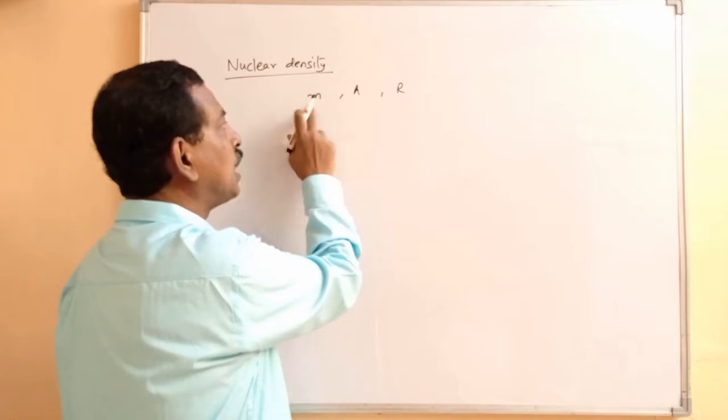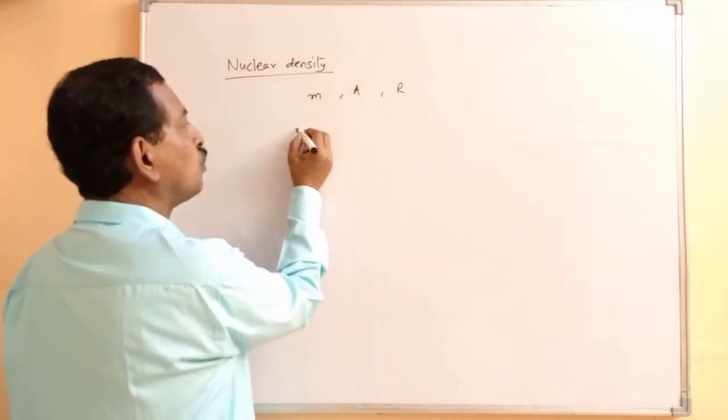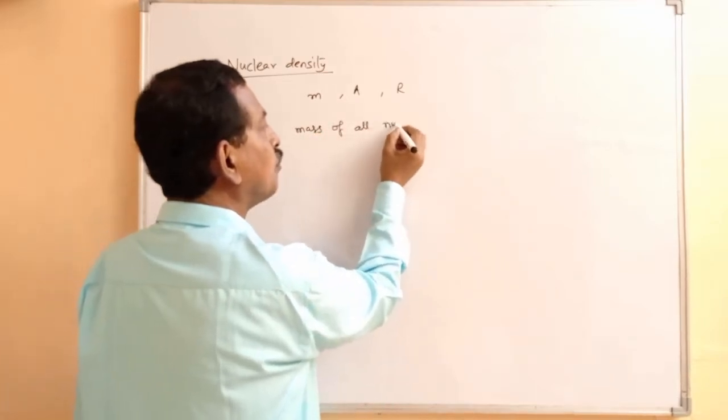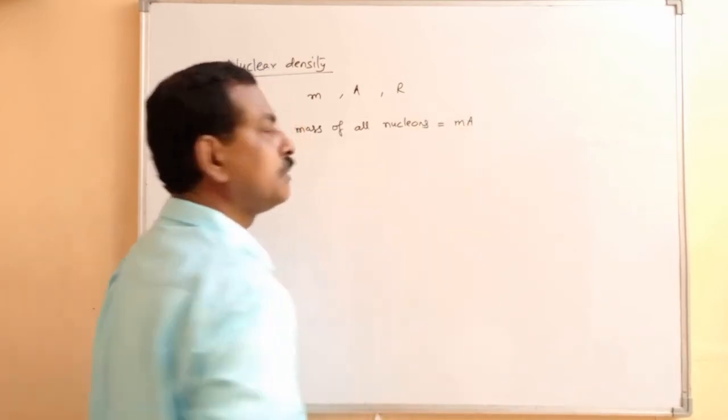So if M is the mass of each nucleon and A is the mass number, therefore the mass of all nucleons will be M into A.